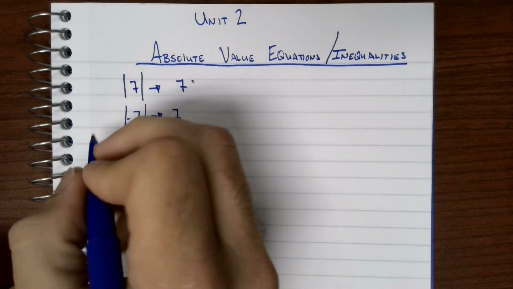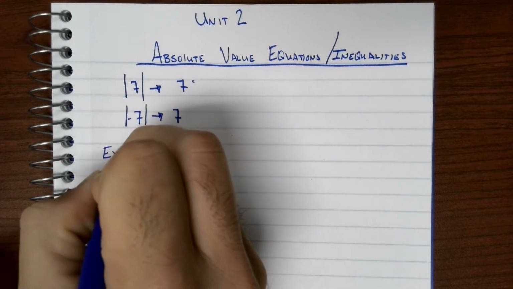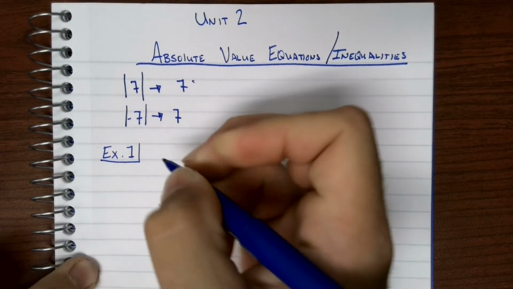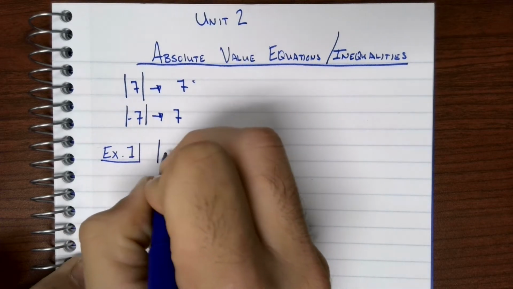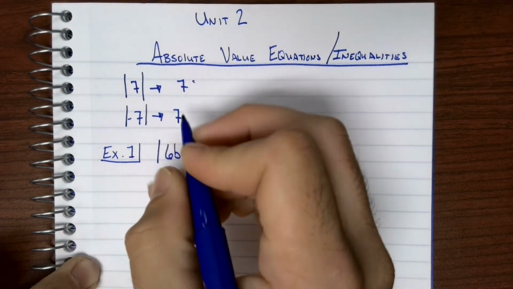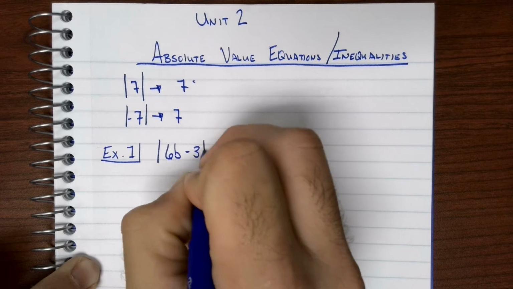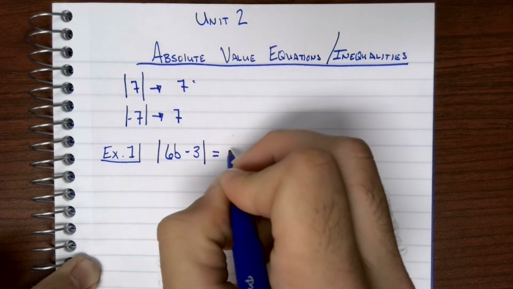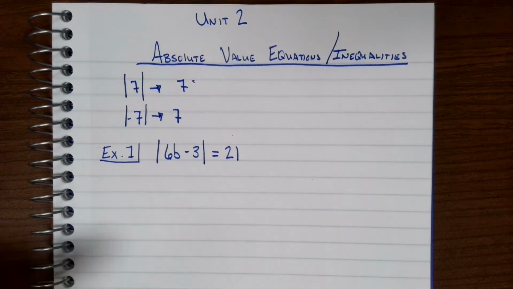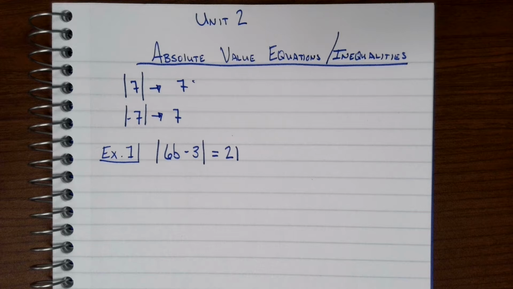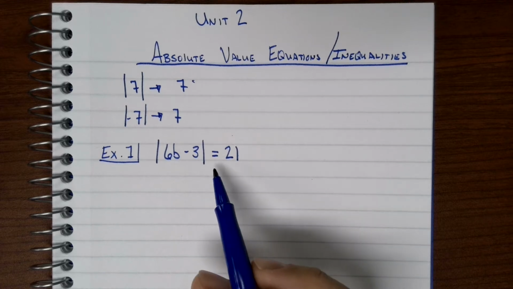Okay, so let's look at our first example here. We're going to have the absolute value of 6b minus 3 is equal to 21. Is this an equation or an inequality? It's an equation, because it has an equal sign.